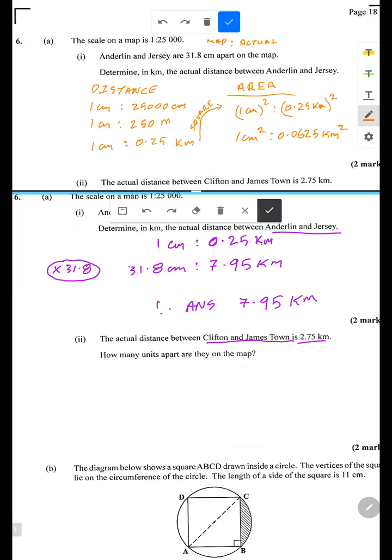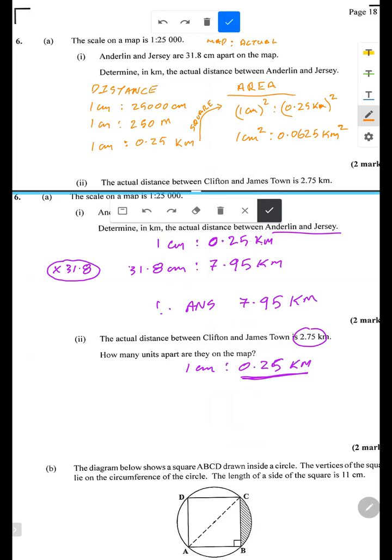All right, back to this now. So they give us the actual distance on the land. So if we go back to the ratio, we're working with the distance ratio again. So come back to 1 centimeter to 0.25 kilometers. And this time you want the kilometer side, the actual side, to become 2.75.